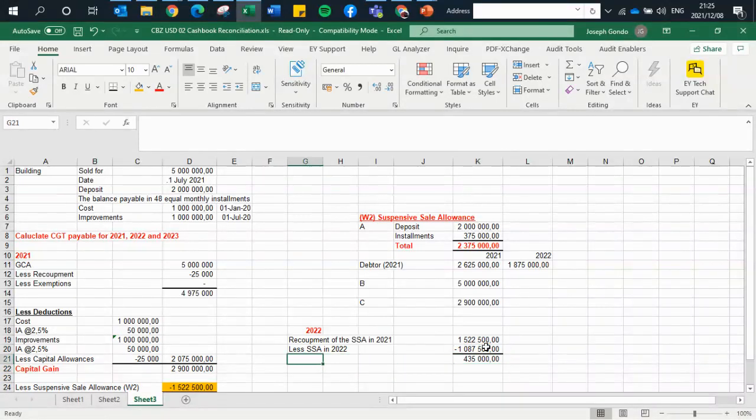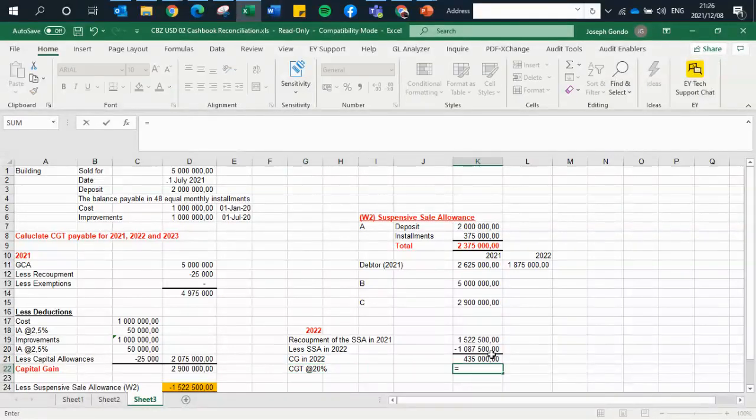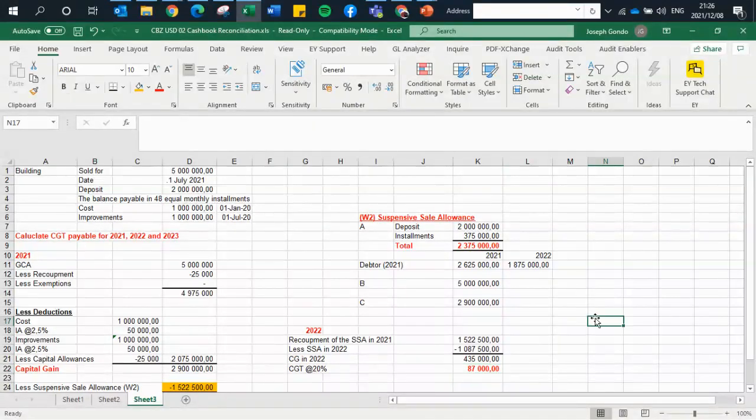That will be the capital gain in 2022. And CGT at 20% will be this one multiplied by 20%. Okay. So you do the same thing for 2023, but this is the thought process.